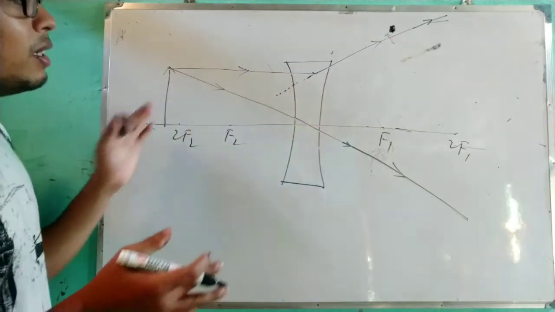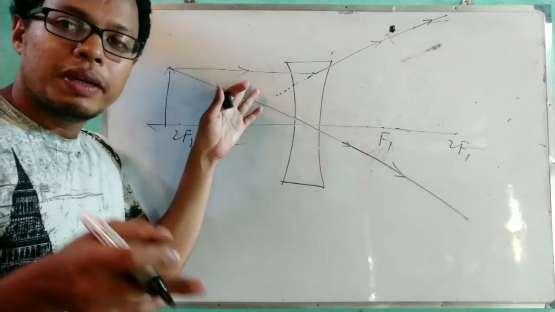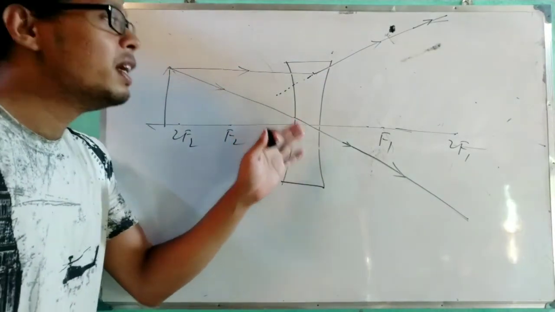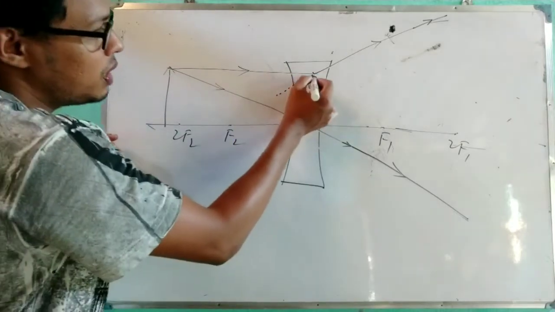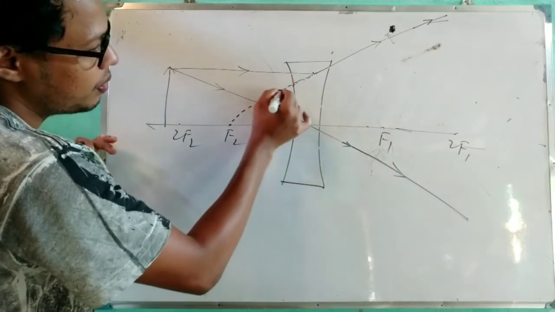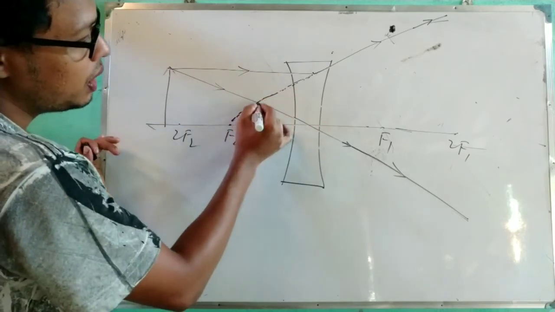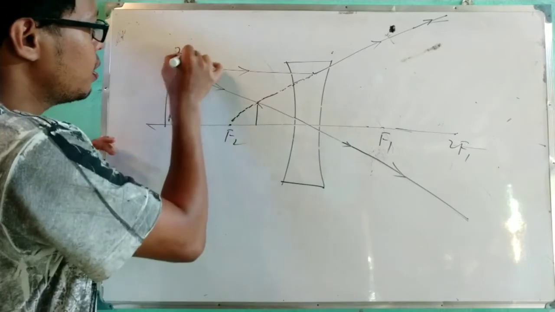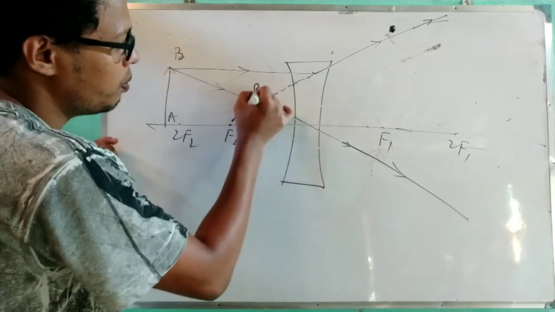see what we read. In the case of parallel rays for the convex lens, after refraction it passes through the focus, but in the case of a concave lens, it appears to come from the focus. So this ray will meet at the focus also. Okay. Now see, this is the meeting point. So here the image will form. As this is A and B, this point will be A dash, this point will be B dash.